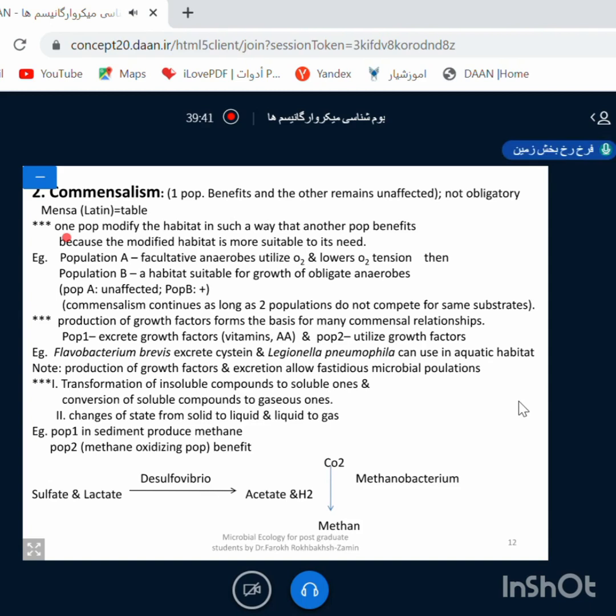One population is the obligate anaerobe, which cannot grow because you shook the tube and the tube is full of oxygen. The other population is the facultative anaerobe. It can grow even in the presence of oxygen. Now what happens?